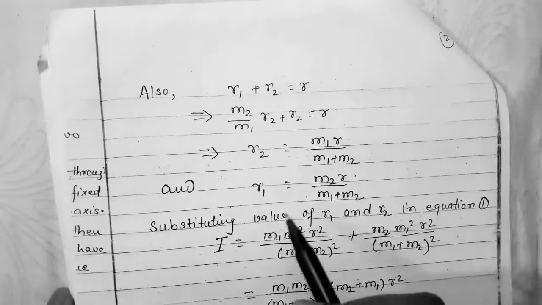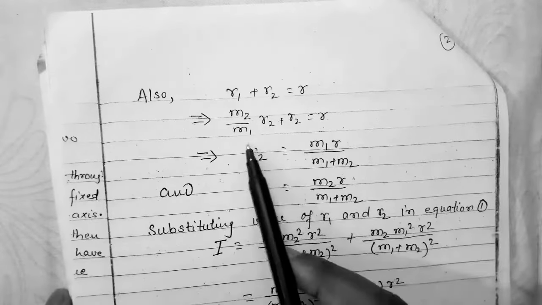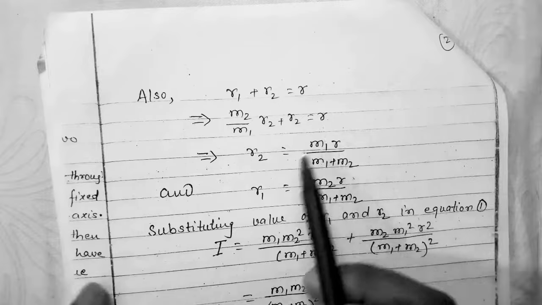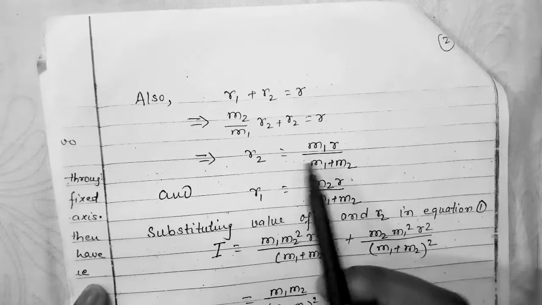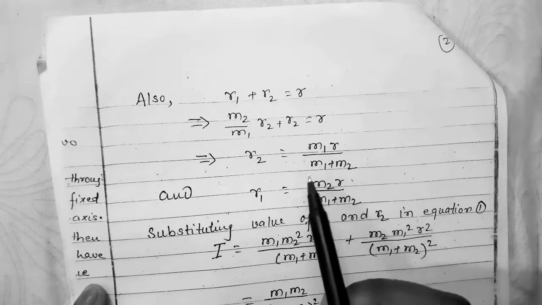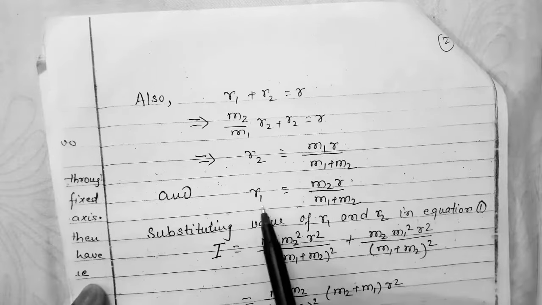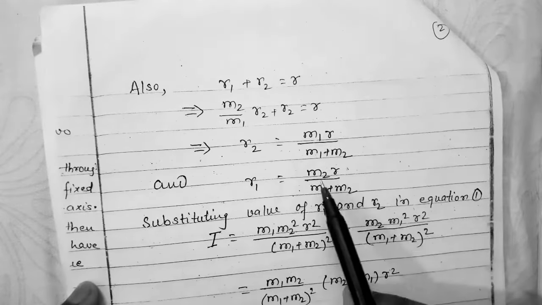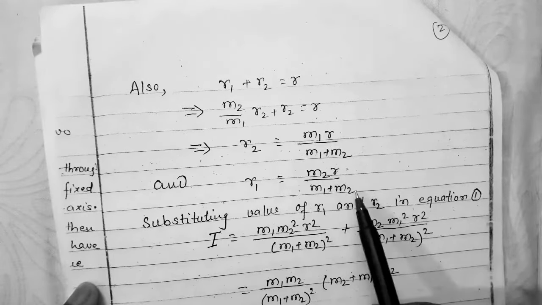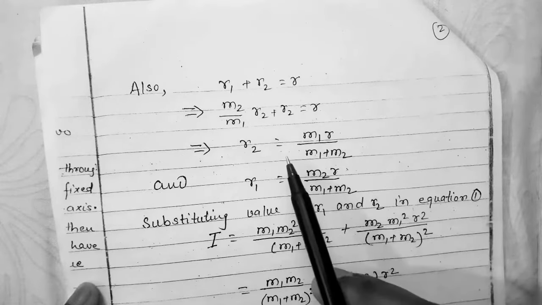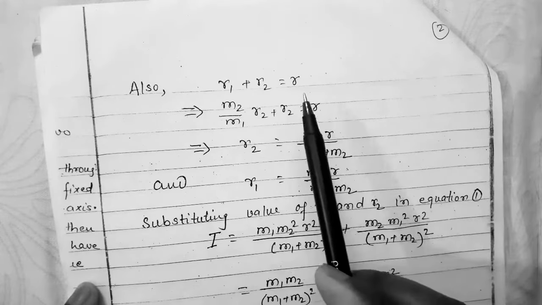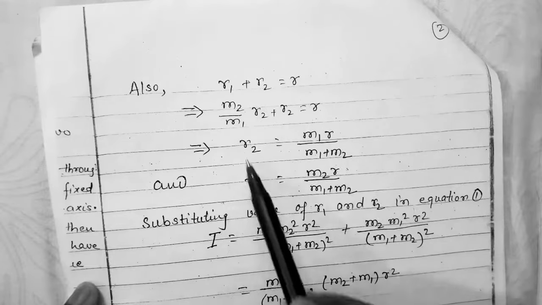With this simplification, we get r2 equals m1 r divided by m1 plus m2, and further r1 is defined as m2 r divided by m1 plus m2. This is the simple mathematical calculation when we put r equals r1 plus r2.